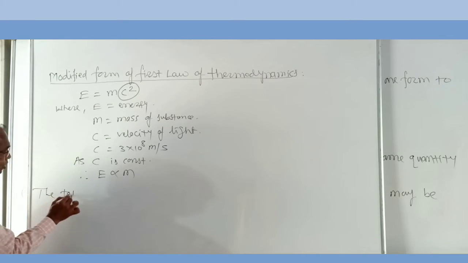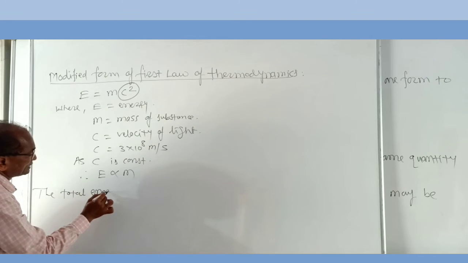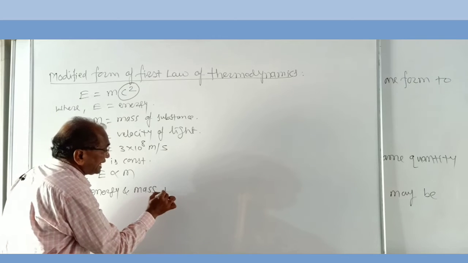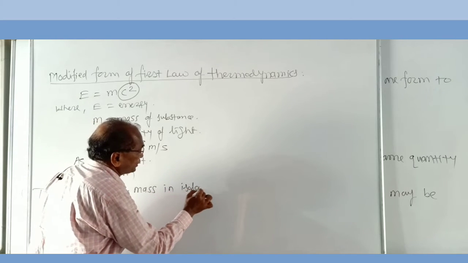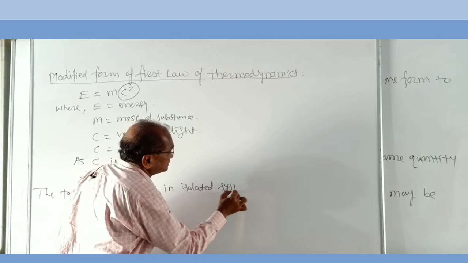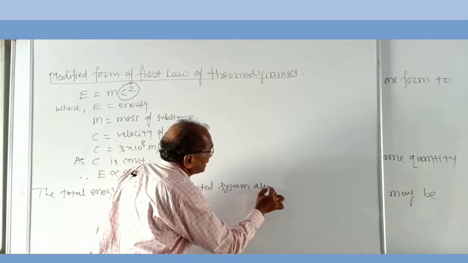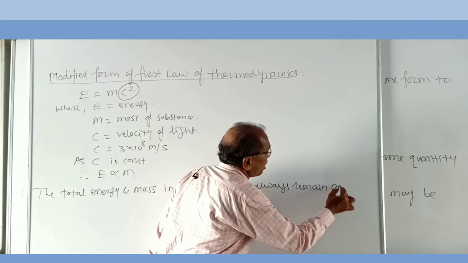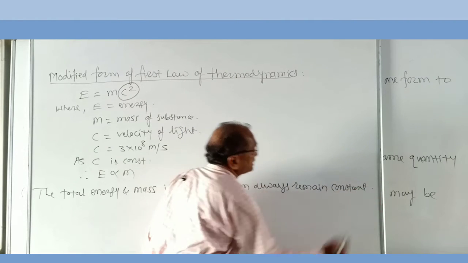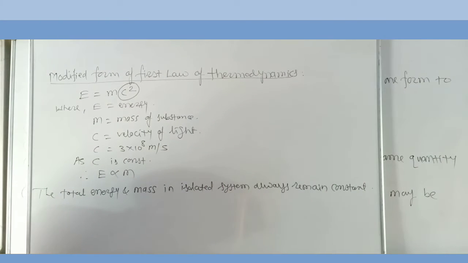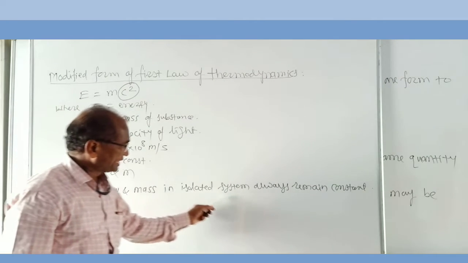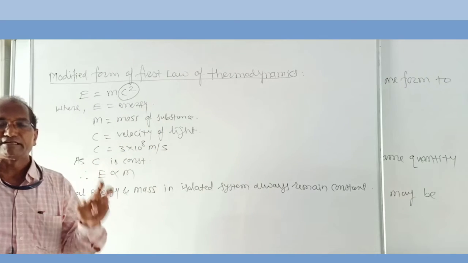The total energy and mass in an isolated system always remain constant. This is the modified form of the first law of thermodynamics.